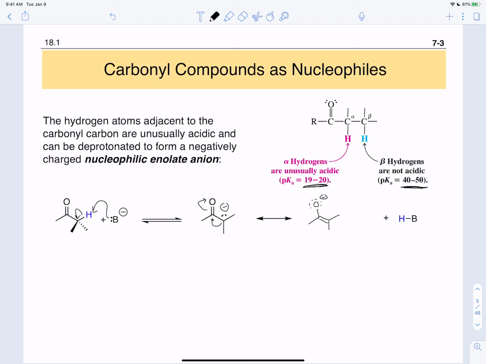And these end up being nucleophiles now because they are negatively charged. And these are called enolates. So these are going to be some of the major species that we'll be using in class. We're going to learn how they react, where they react, and all of these great things soon.